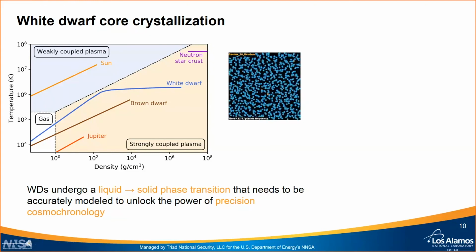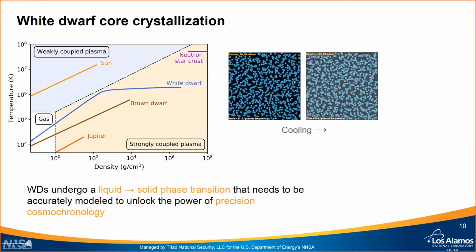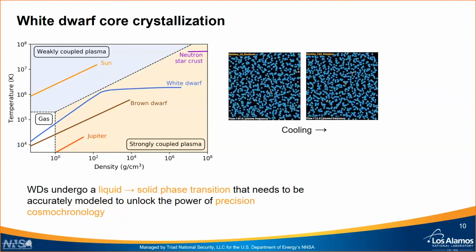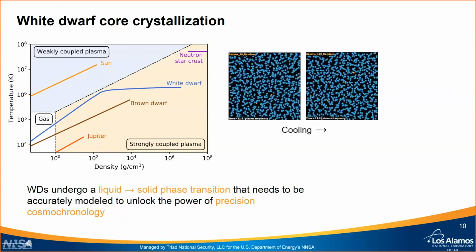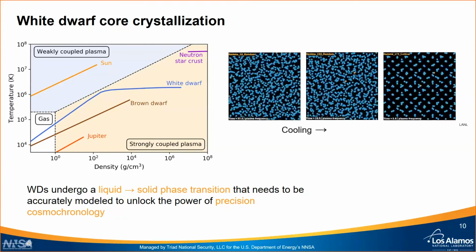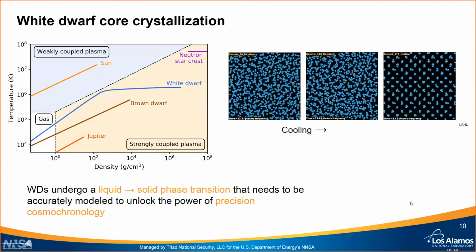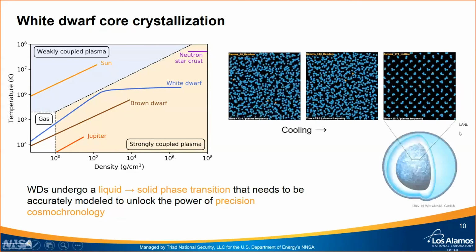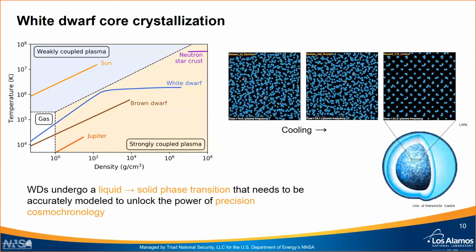But as the white dwarf cools down, the ions become increasingly correlated together, and at some point they are so correlated that they freeze into a lattice structure. And this is what we call the core crystallization of white dwarfs.